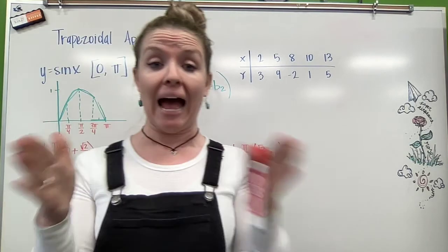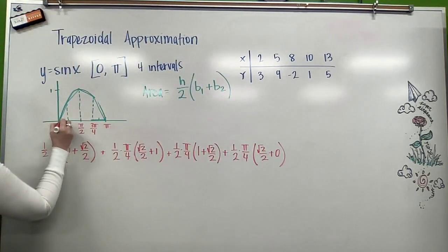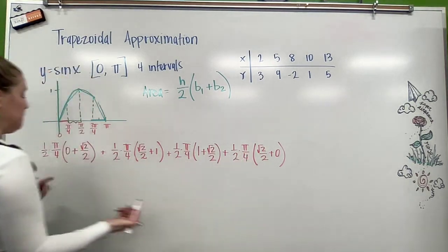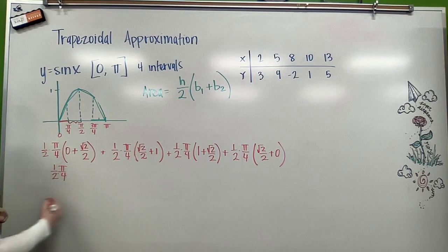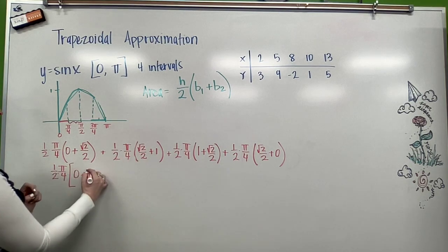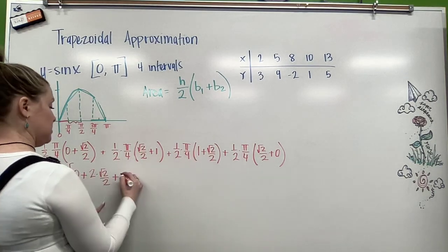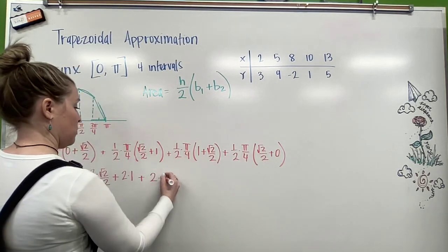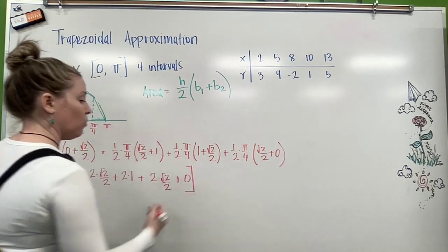But because the distance between our bases is uniform, our height is the distance for our intervals, it's all the same. I could have written this as one multiplication out front, and then I had base 1, and I used this base twice, I used this base twice, I used this base twice, and my last base I used once.